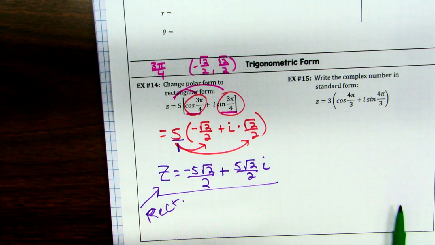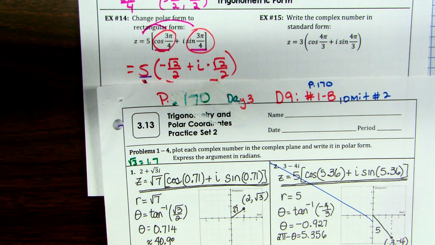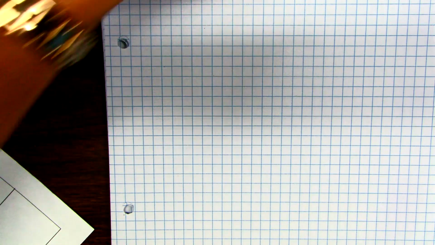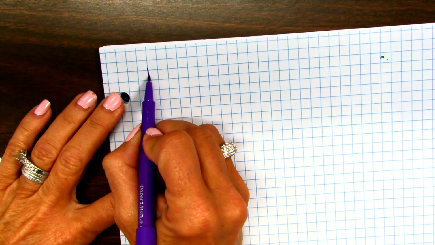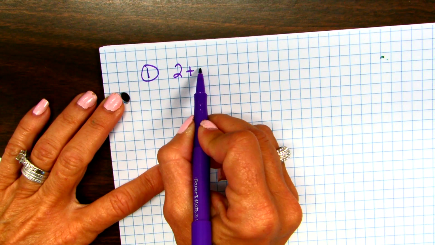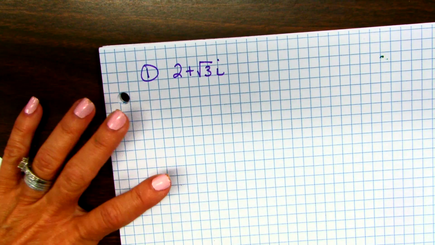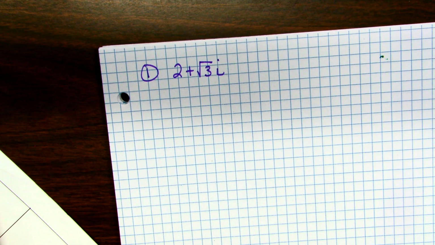Let's go to page 170. I'm going to do number 1 with you. All right, so 1 through 8, cross out number 2.